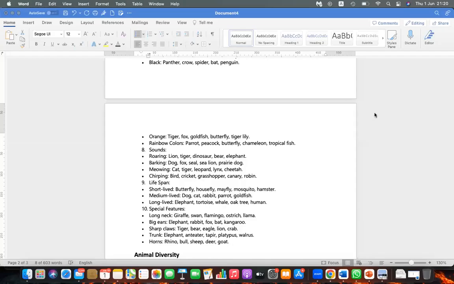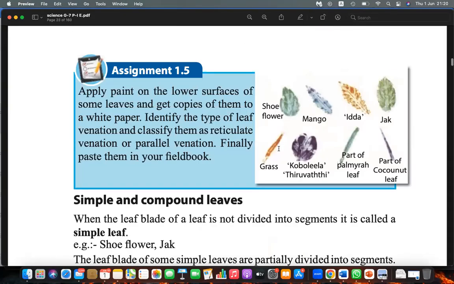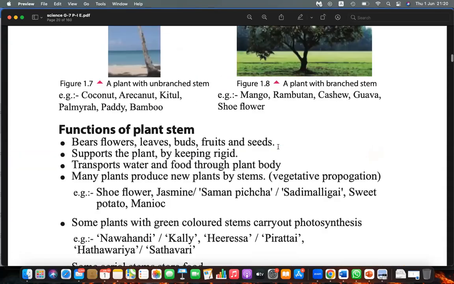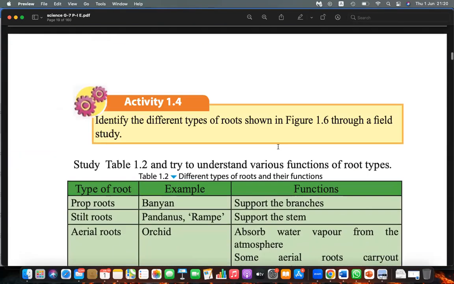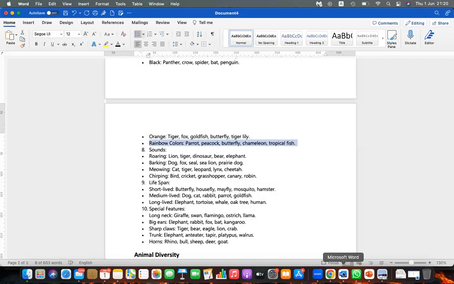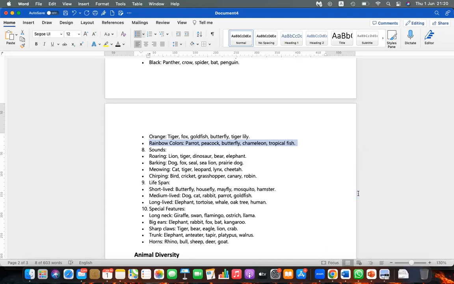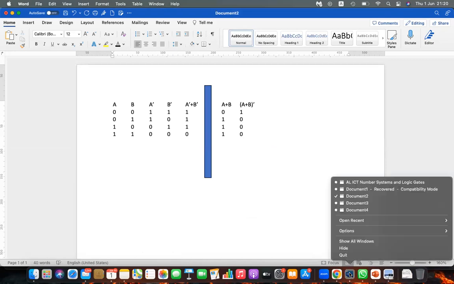Okay, hopefully you can see my screen. And we have discussed about this. Here you can see many: beetroot, carrot, sweet potato. These are storage roots.